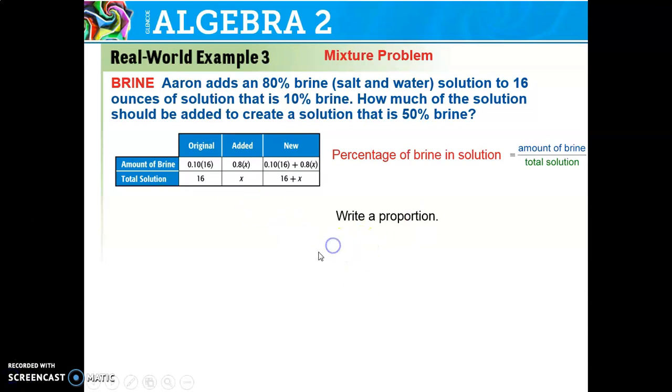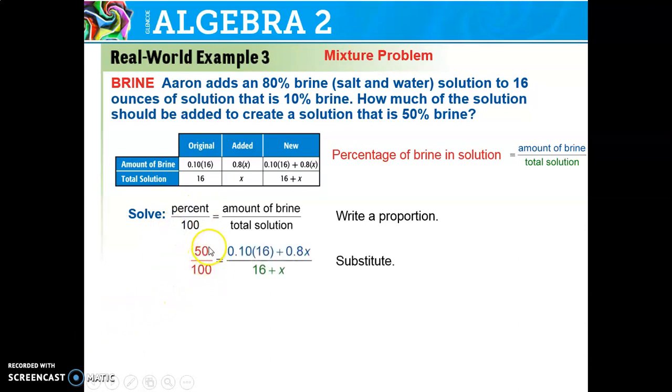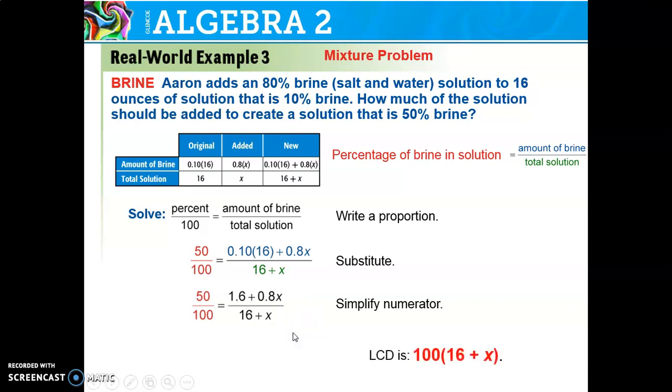So therefore, let's go ahead and use this information to write a proportion. Percent over 100 will be equal to the amount of brine over the total solution. That's what percent is out of 100. So let's substitute. We want 50%, so 50 over 100 equals the amount of brine over the total solution. We can simplify the numerator. We can multiply through by the LCD.